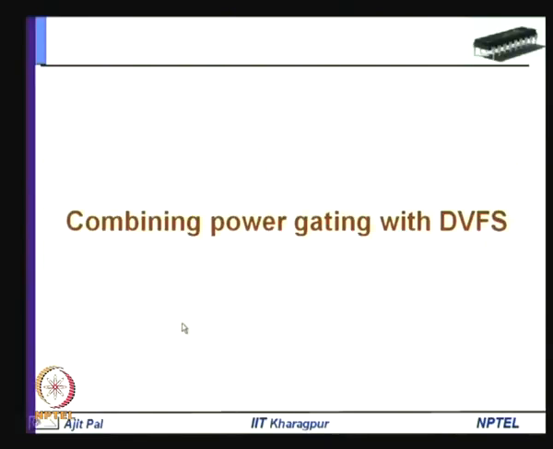Okay. Now, let us consider a technique where we can combine power gating with dynamic voltage and frequency scaling. We have already discussed power gating in detail in my last lecture, where we have seen how power gating can be done to reduce leakage power.